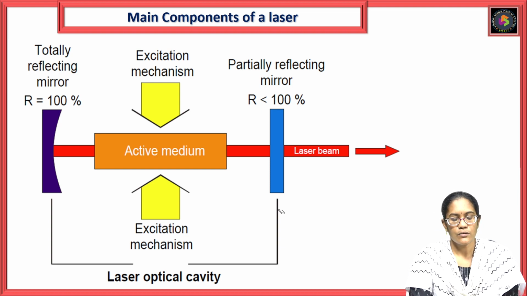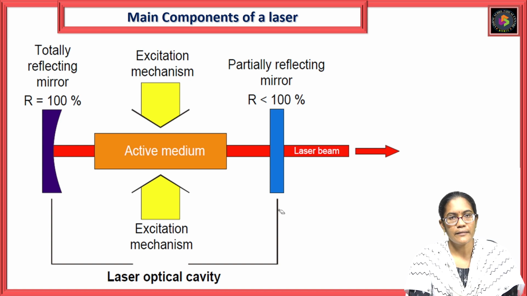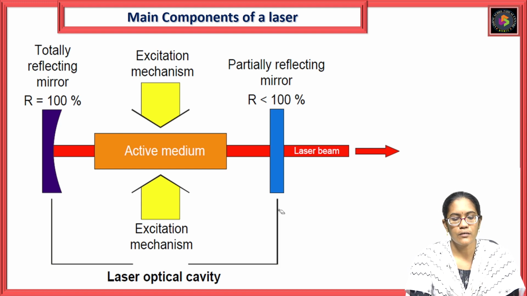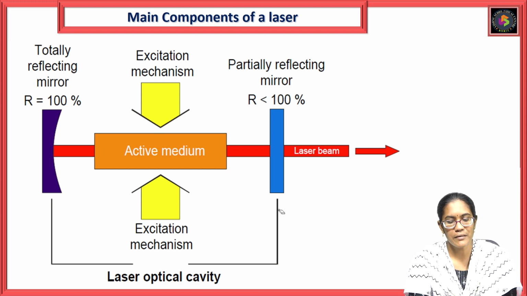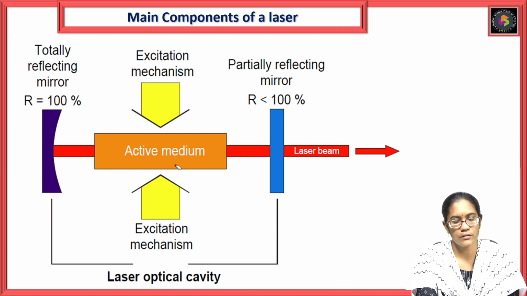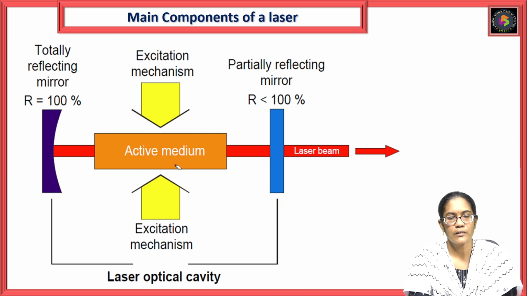Now I'll explain the role of each component. The first one is the active medium. Here we have an assembly of atoms present in the active medium so that population inversion is achieved, and from that lasing action can be done.